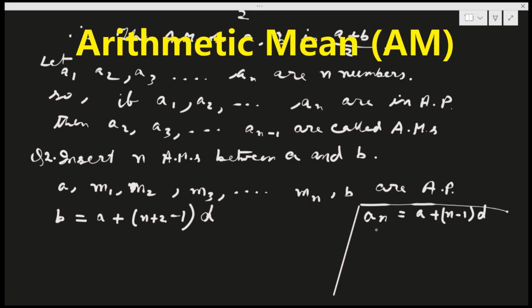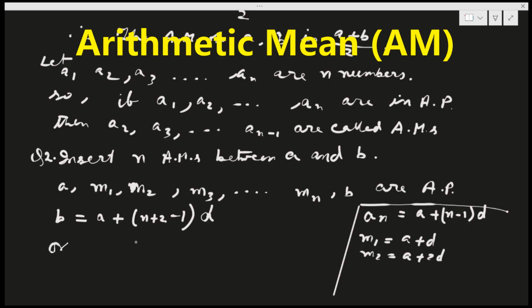Now showing here as a graph, M1 is equal to A plus D, M2 is equal to A plus 2D. So we must find D from this equation, because we need D to get M1, M2, M3 and so on.